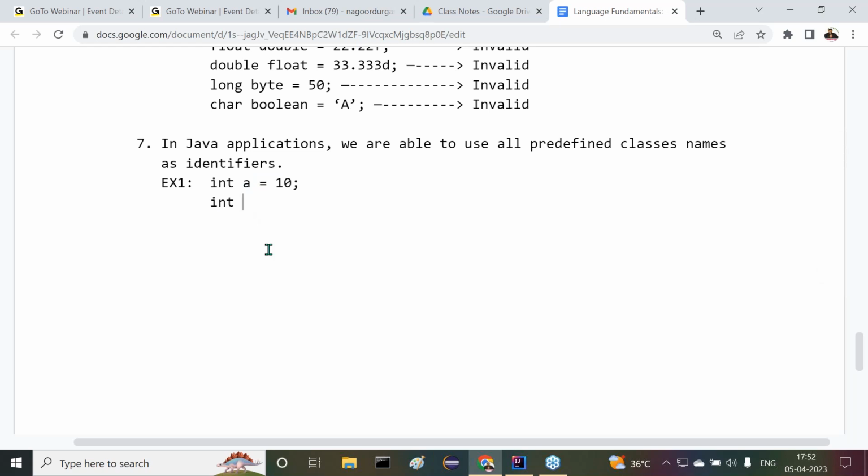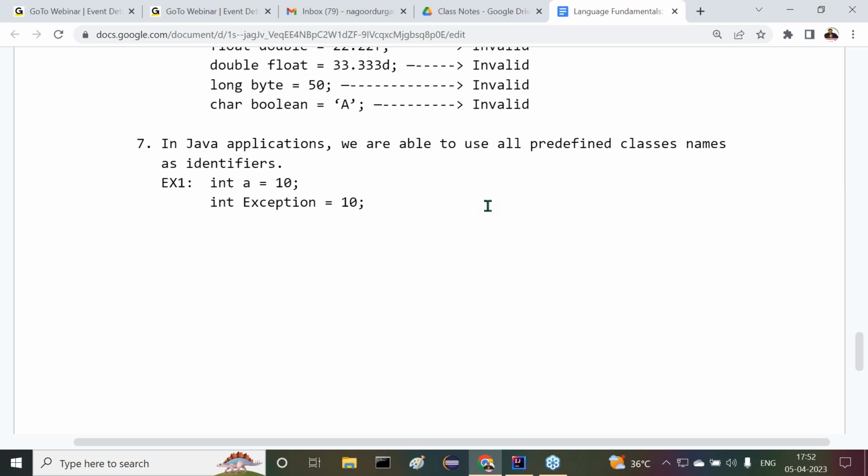In the same way, int exception = 10. Exception is a predefined class name in Java, and we can use it as an integer variable. Are all of you getting it or not? Is it clear? Right, so this is one point.